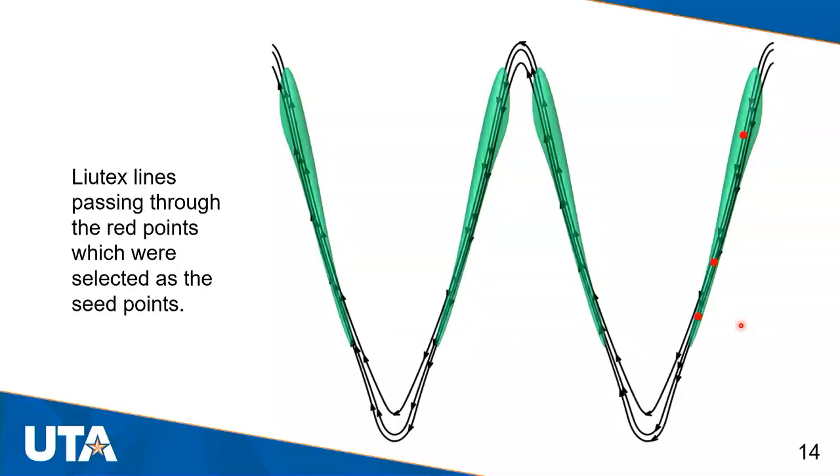So for one vortex, you need to avoid duplicated lines and select a unique seed point. That may be doable for an easy vortex structure, but when the vortex becomes turbulent, it's chaotic and it's not clear how to do that.